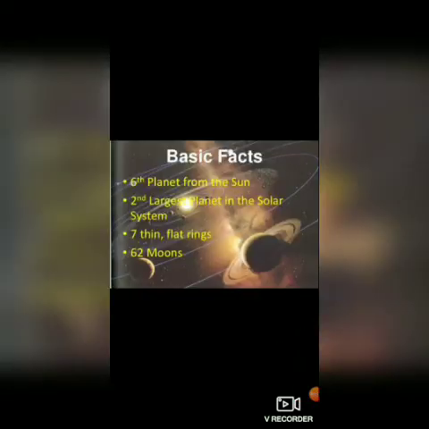Saturn. Saturn is the sixth planet from the Sun and it is the second largest planet in the solar system. The first largest planet is Jupiter.